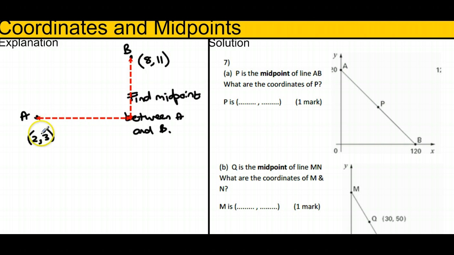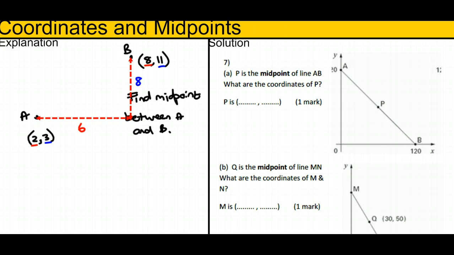You should see that horizontally we're talking about the x-coordinate, which is the first coordinate in the brackets, and the difference between them is 6. So we're going 6 across. The vertical difference, you'll see that it goes from the y-coordinate of 3 to a y-coordinate of 11, so that's 8. And that's how we get from A to B.